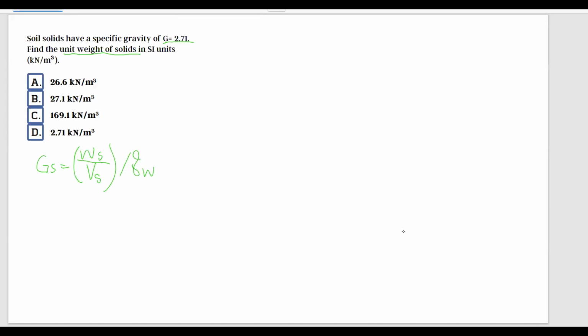At the same time, we know that gamma of solids is equal to weight of solids divided by volume of solids. And now if we substitute this formula into this equation, we are going to get that specific gravity is equal to gamma solids divided by unit weight of water.